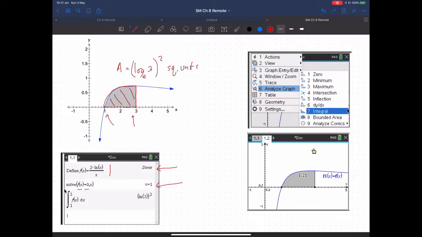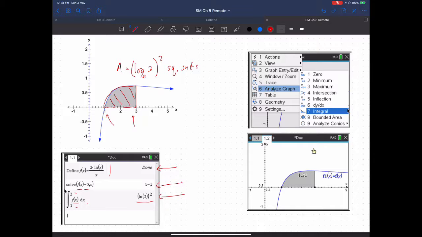I've then asked the calculator to work out the definite integral from 1 to 3 of f(x) dx, and that gives me the answer as we have in the graph above.